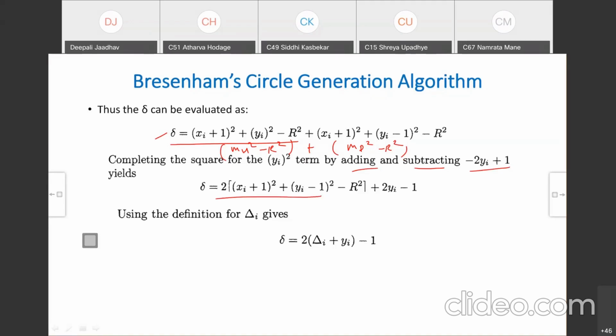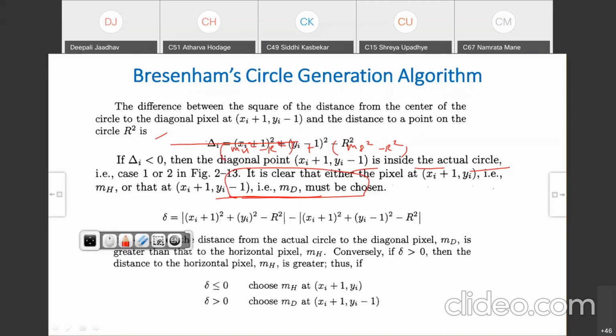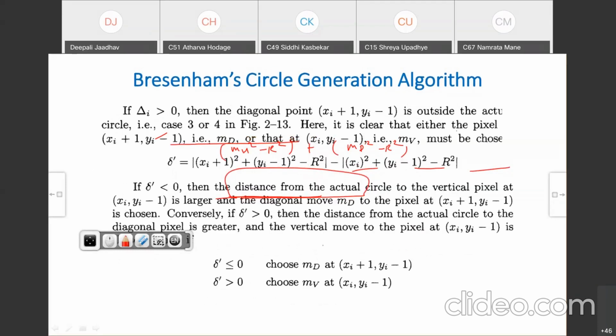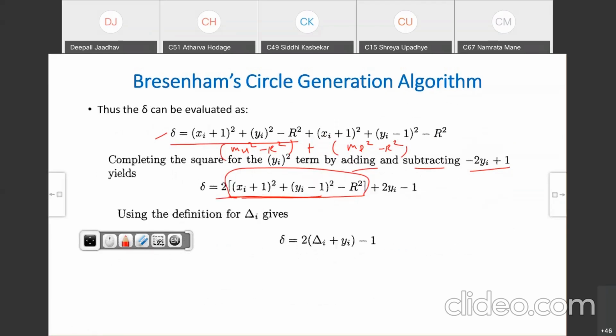Now what is this one? In the previous slide we have seen it: (xi plus 1) squared minus (yi minus 1) squared is equal to delta I. So we put this as delta I, and the equation is like this.